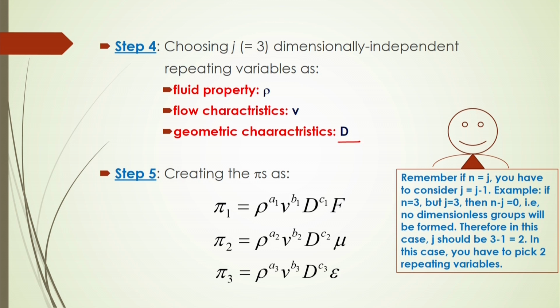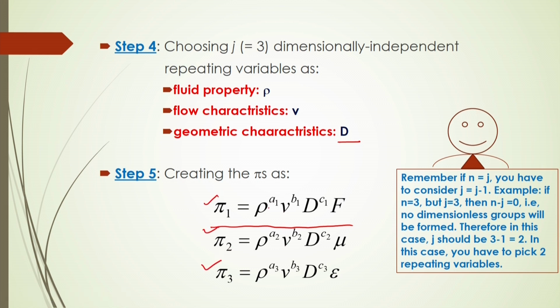So, these 3 repeating variables will be considered here, and then the next step is to make the phi s, that is, the dimensionless groups. Since only 3 dimensionless groups can be formed, we are getting phi 1, phi 2 and phi 3.